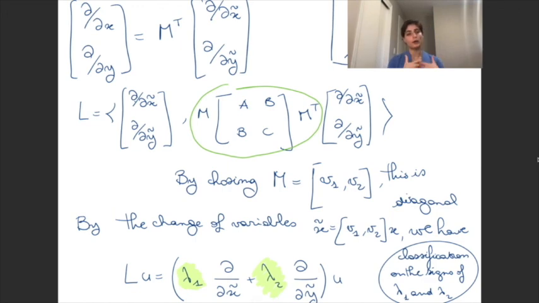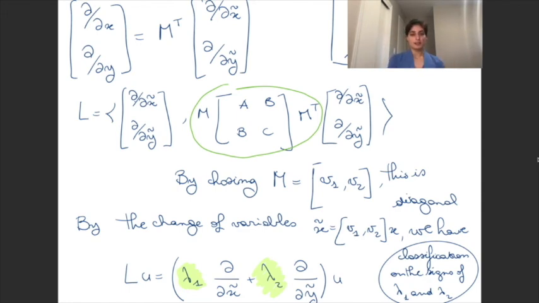So we retrieve that the vector ∂/∂x, ∂/∂y is equal to M transpose times the vector ∂/∂x̃, ∂/∂ỹ.